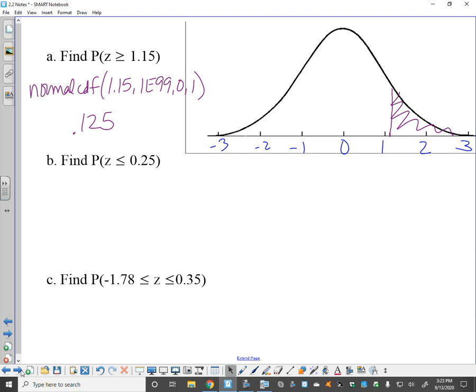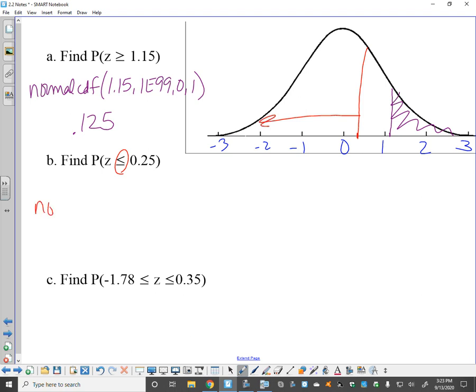Let's see, if I am 0.25, 0.25 is right there, and I want less than. So that would be all of that shaded. Now I can already tell this is going to be over 50% because I know left of 0 is 50%, and I'm a little bit more than that. So see how I'm using my logic to kind of make sure my answer's in the right ballpark.